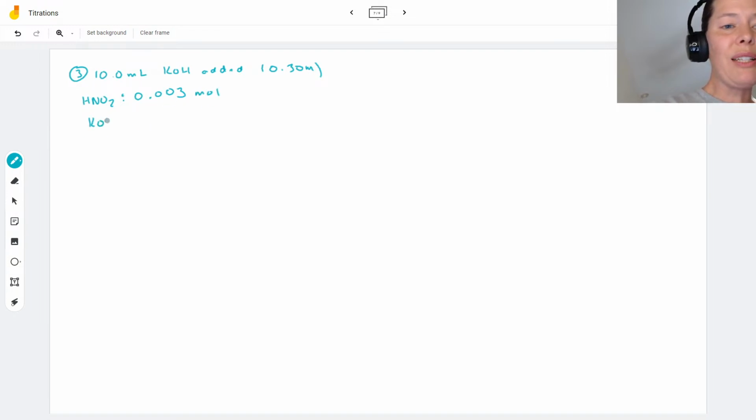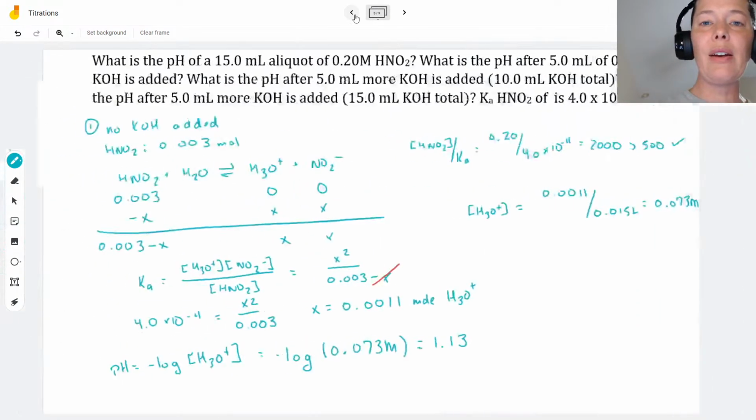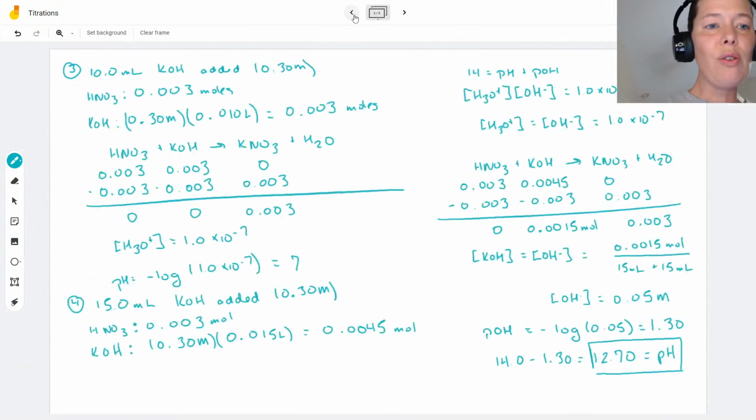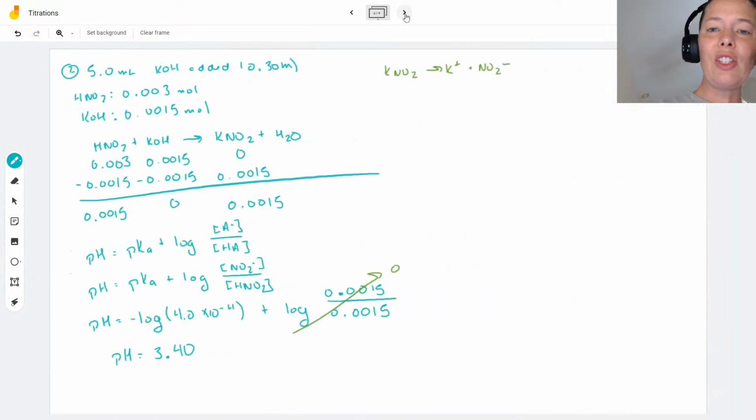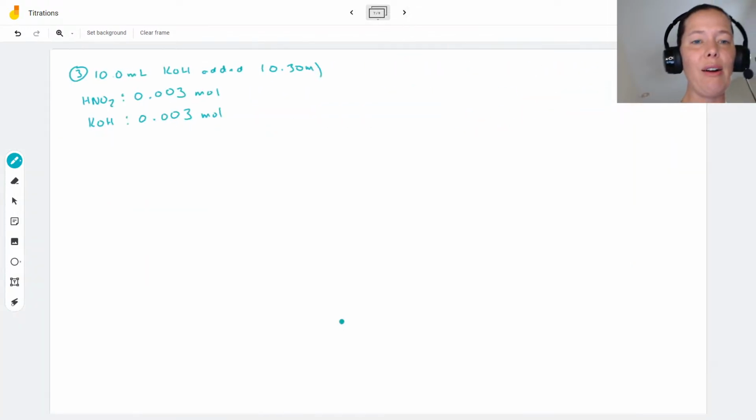And for my potassium hydroxide, again, I have done this calculation. I'll just pop back here and show you step 3. Again, here's our 10 milliliters potassium hydroxide. Here's where I'm getting my 0.003. We have done this calculation. It doesn't just come out of thin air.